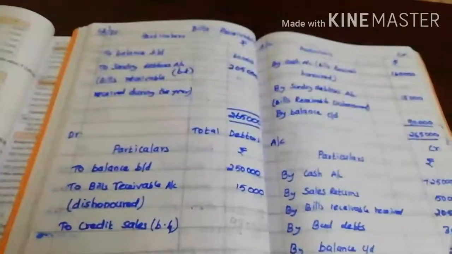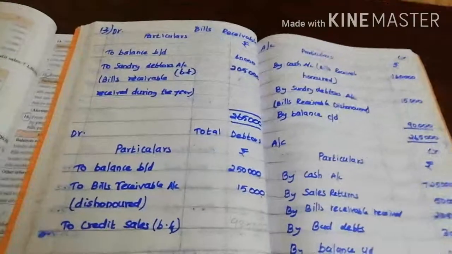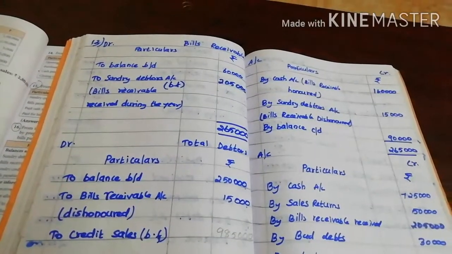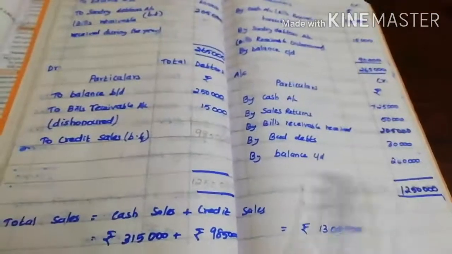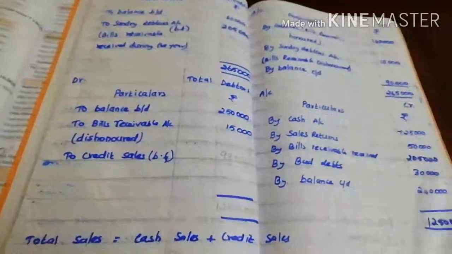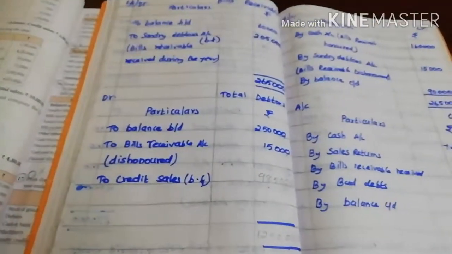Your credit side is more. Adding all the credit side amounts, you get 12,50,000. From 12,50,000, if you subtract 2,50,000 and 15,000, you get the credit sales as 9,85,000.